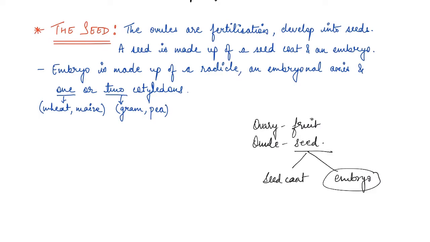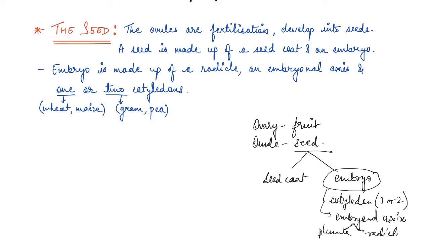So this embryo basically has cotyledon. Now this can be one or two in case of monocots and dicots. Then it has embryonal axis. And on this embryonal axis we have plumule and radicle, right?